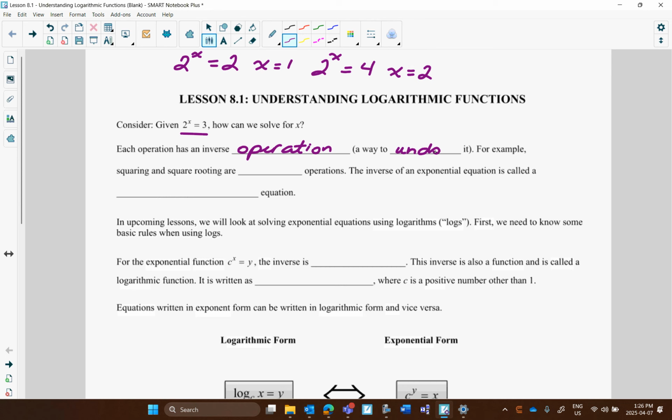Division. How do you undo squaring something to get back? Square root. So these are all examples of inverse operations. An inverse of an exponential function or equation, okay, is what we call a logarithmic equation.